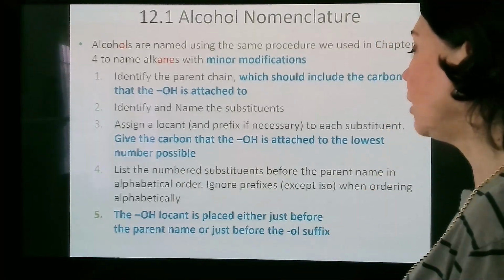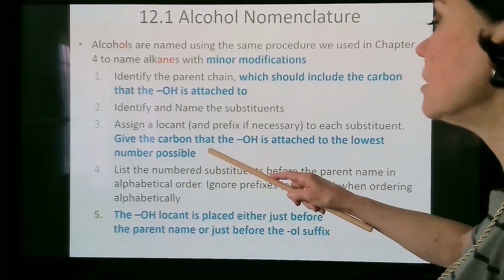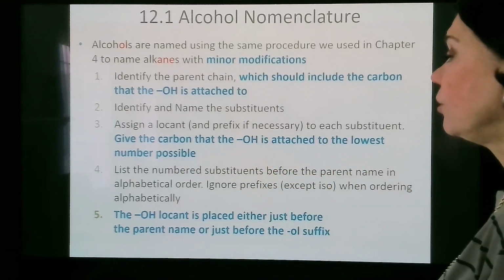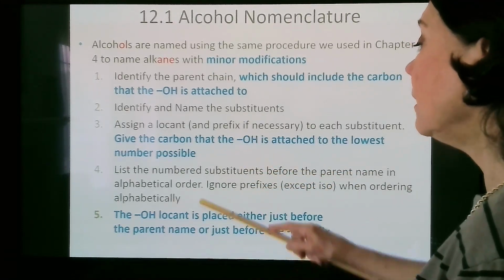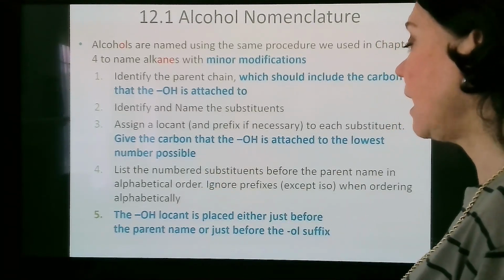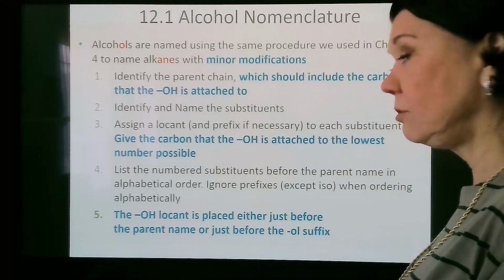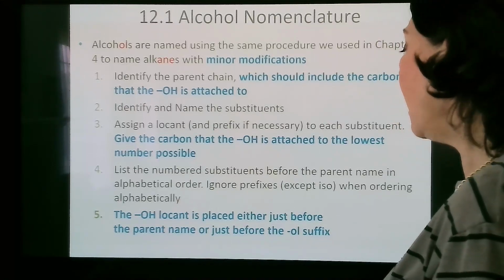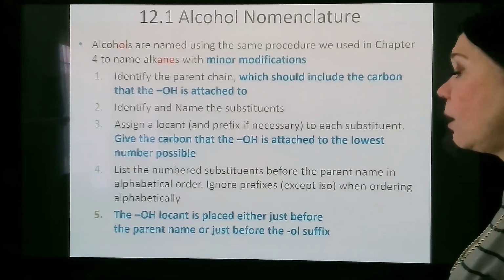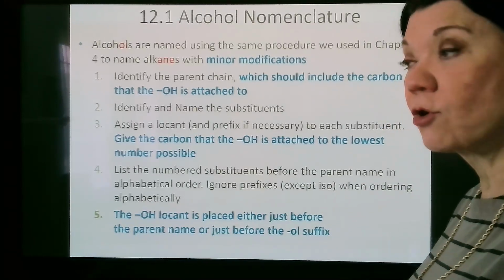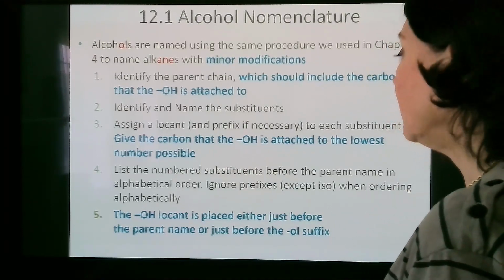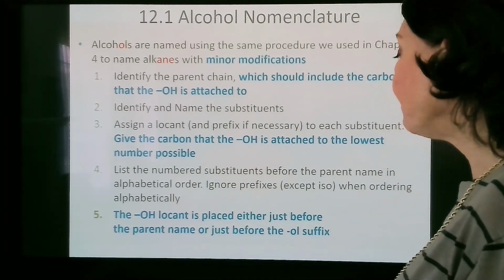You assign a locant to each substituent. Give the carbon that the hydroxyl group is attached to the lowest number possible. You list the numbered substituent before the parent name in alphabetical order, as you have done before. You ignore prefixes except iso and di, tri, tetra, etc., and neo, as you've seen before. So most of this is review.